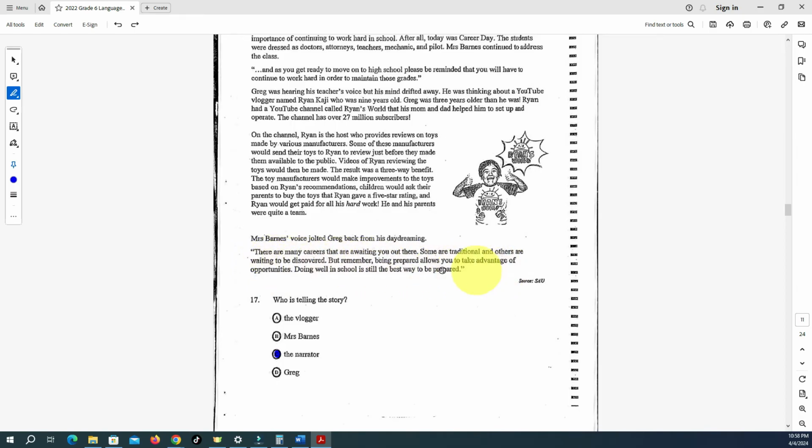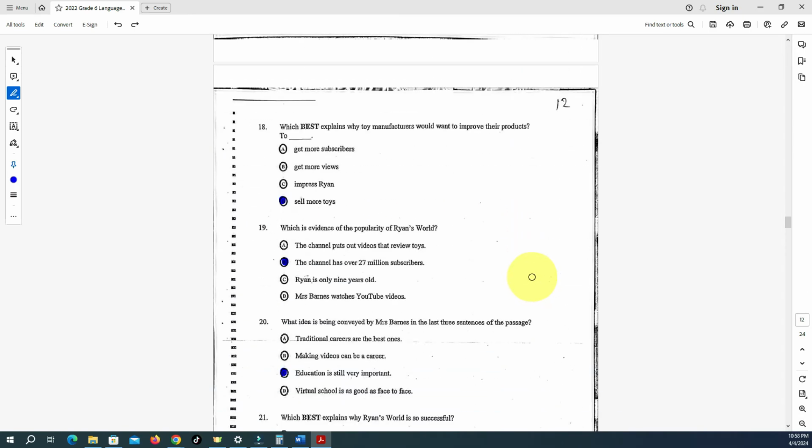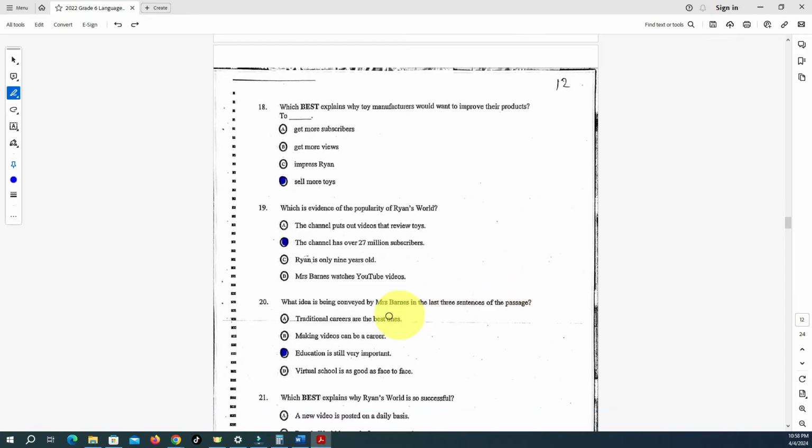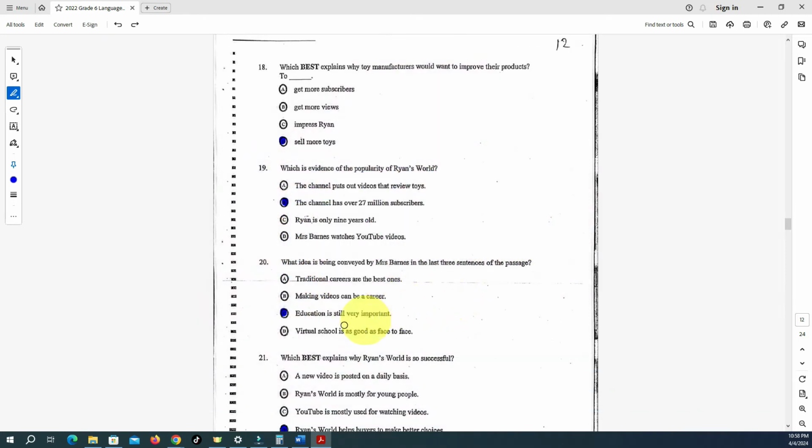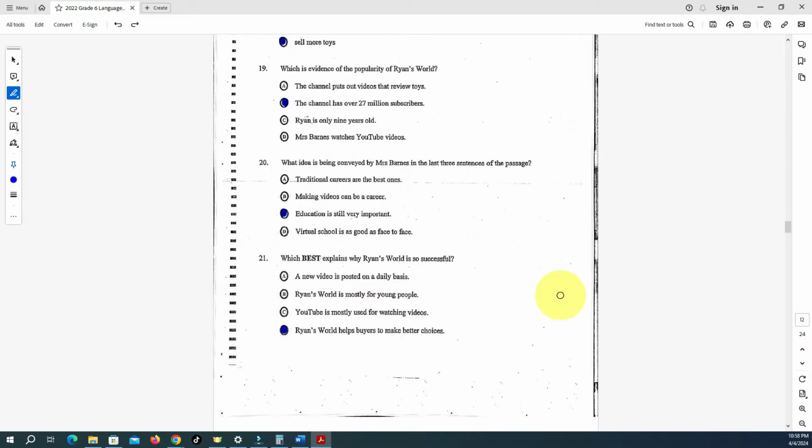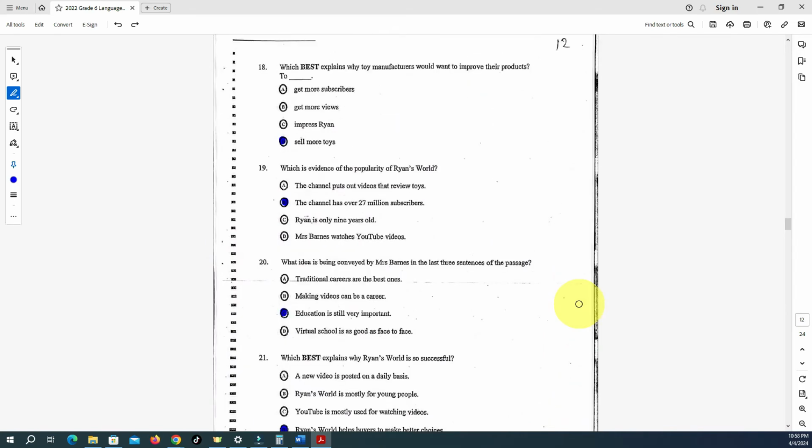So this is telling you that you need to be prepared. So I can go back down and select that. The last 3 sentences. Education is still very important. So I definitely chose D, right? 21. Which best explains why Ryan's World is so successful? I chose Ryan's World helps buyers to make better choices. So that's what I chose for that one.